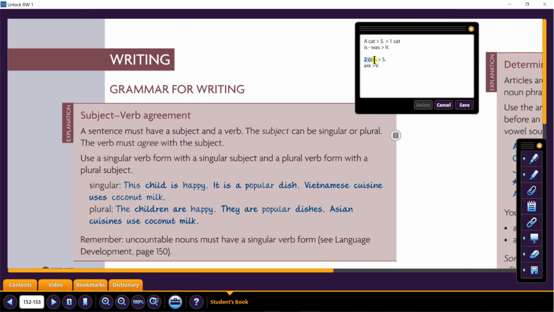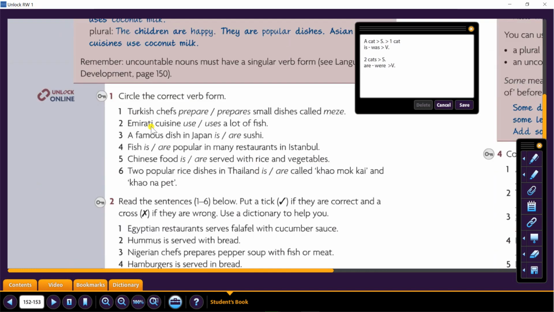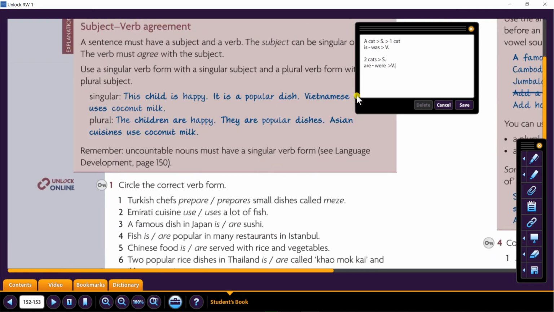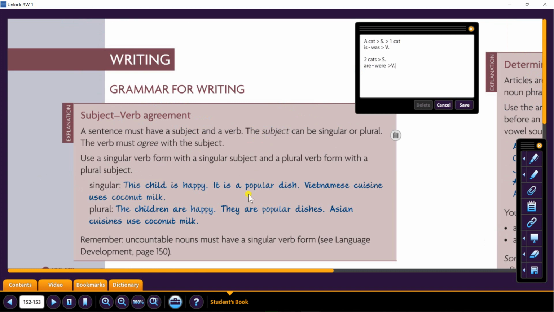If the subject is plural, you need to put the verb in plural form, like are or were. So the key factor to deal with such tasks is by looking at the subject.